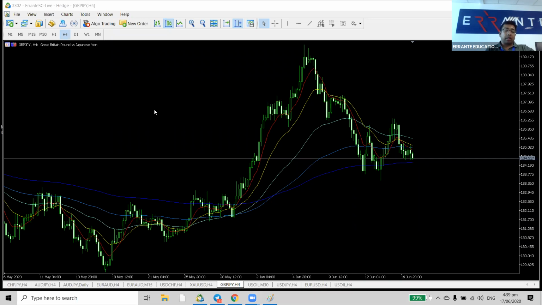The reason I say that is because traders are becoming overexcited when they hear about GBP being a very good pair, a very good currency to pair up with other currencies. GBP crosses are good to trade. They get very, very excited.